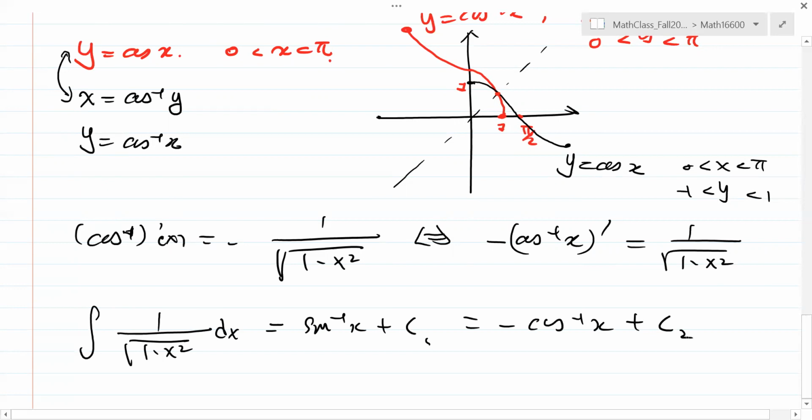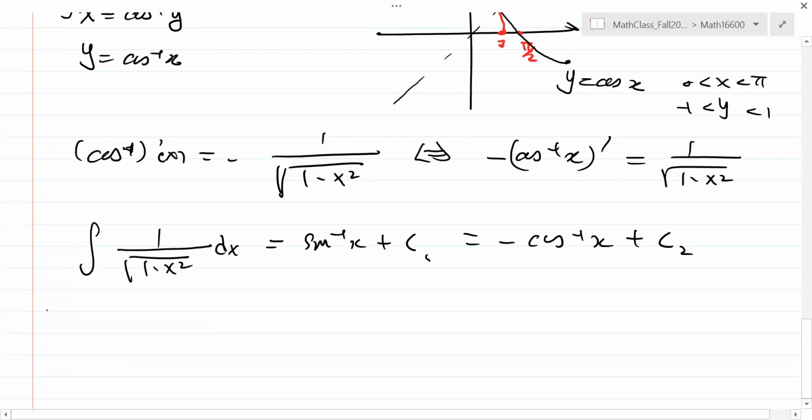Then you get something interesting, which in mathematics we call a corollary. It says that arcsine x plus arccosine x is always equal to a constant.